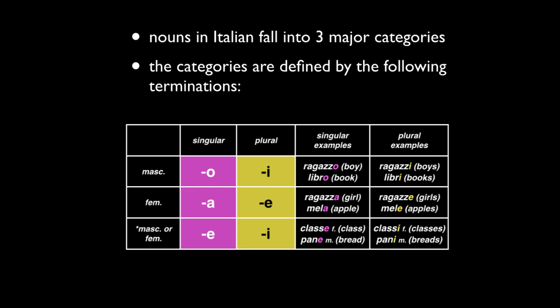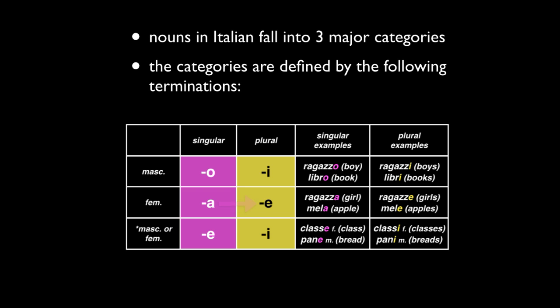That's changing the O to an I. Or a libro, if you want to say a book and you want to change it into the plural, you change that O to an I. So libro becomes libri. Okay, so O to I for the masculine. For the feminine, it is A to E, so una ragazza becomes ragazze, mela becomes mele, and so forth.